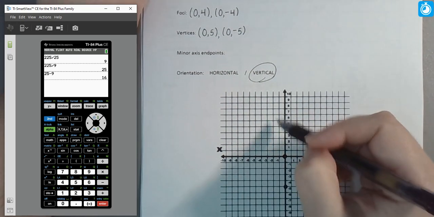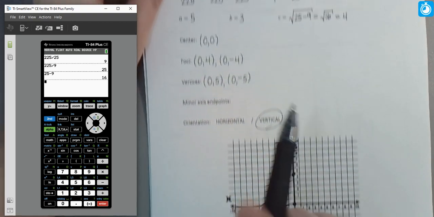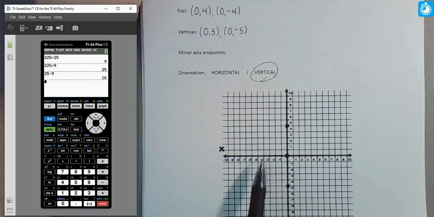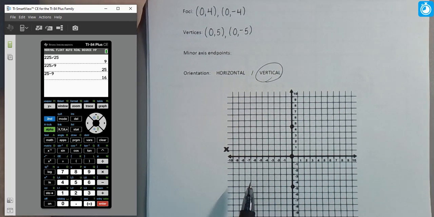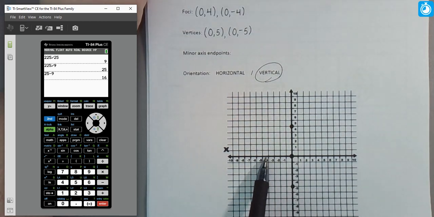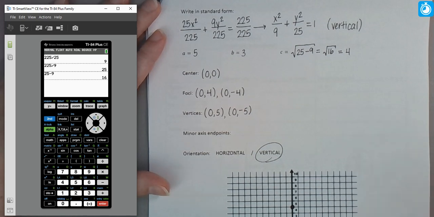Now, if our major axis is vertical, that means our minor axis is horizontal. It's going to be B units away from the center to get to the endpoints of the minor axis. So that means we're now holding the y coordinate constant, and we're just changing the x coordinate. So 3 units in either direction, both left and right.